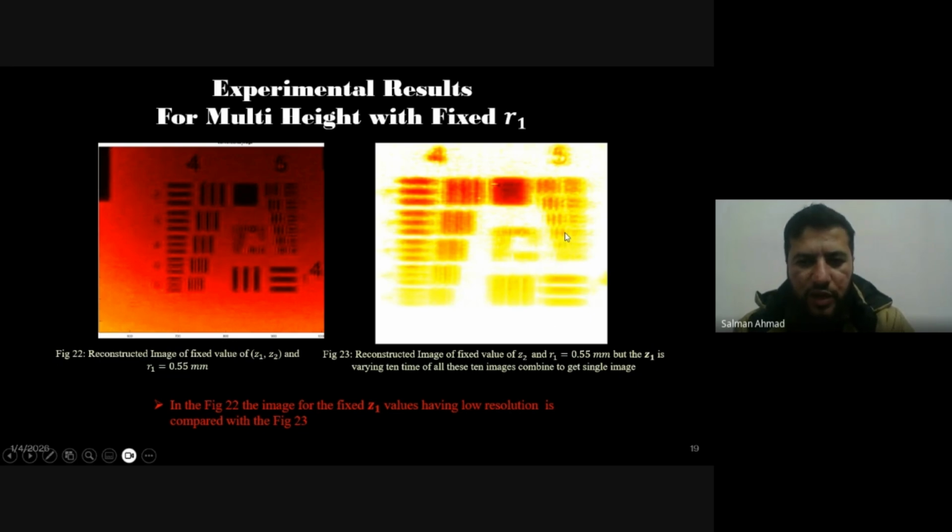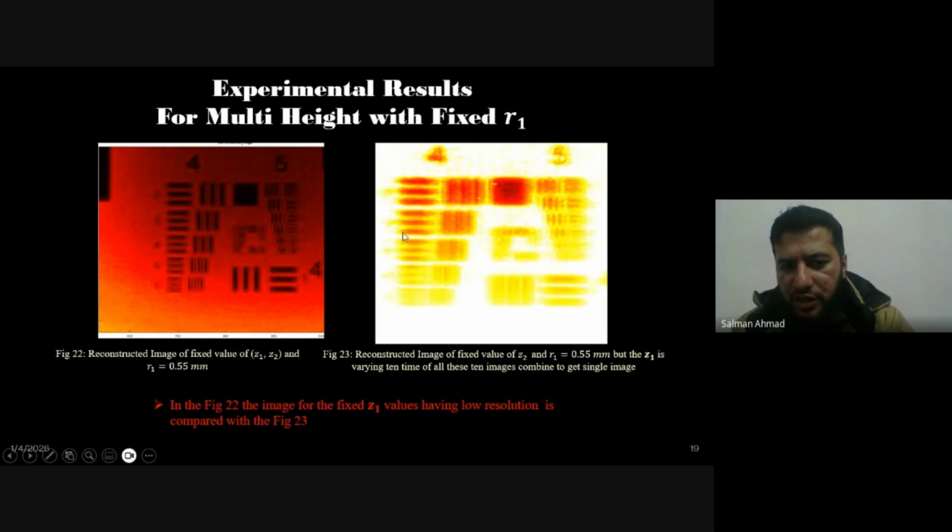When we zoom the image and compare this image with this image, we can see that the third group is a little bit resolved, while here we have more twin image effect, and here the twin image effect is less.